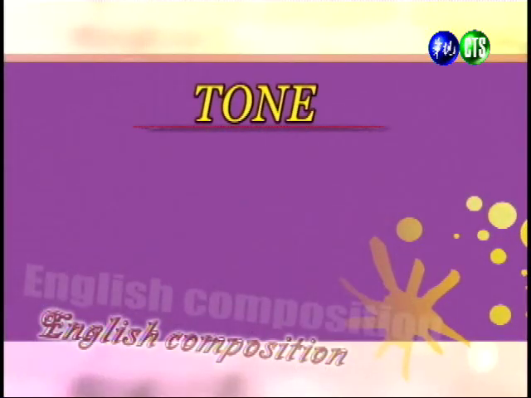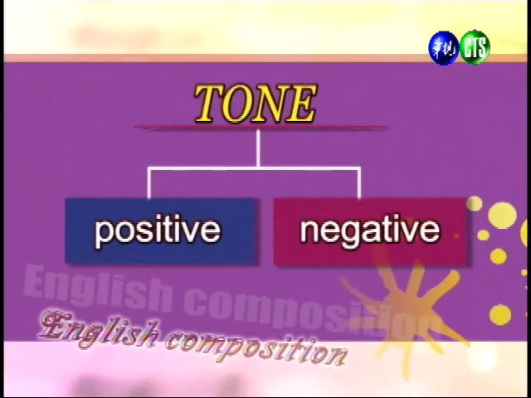Right, so we need to figure out, are these items on the list good things or bad things? Right, and so before you begin writing your essay, you have to decide on the tone of the essay, and you have to decide if you want to have a positive or negative tone.